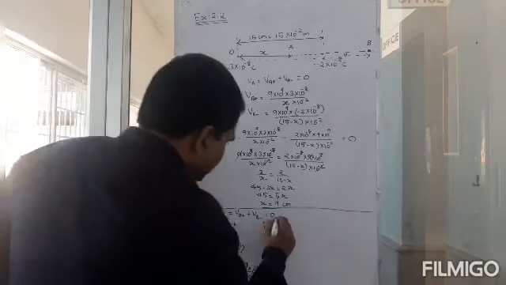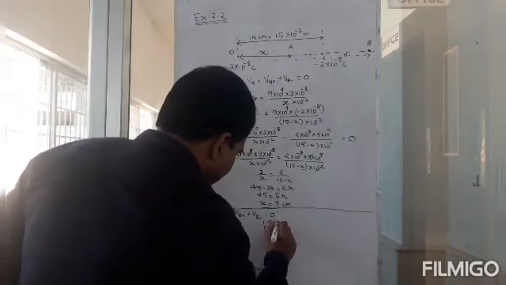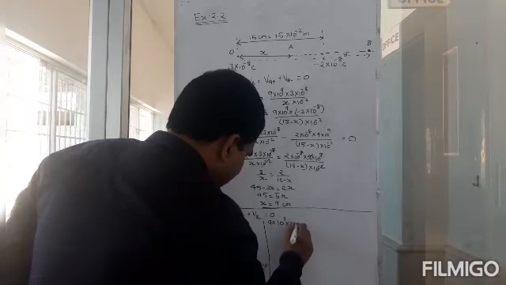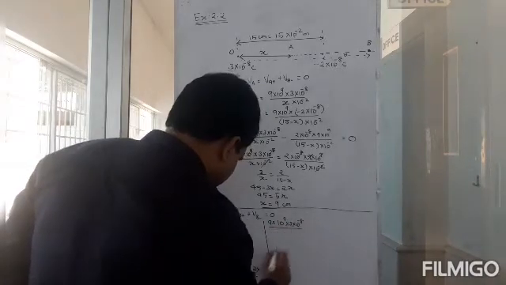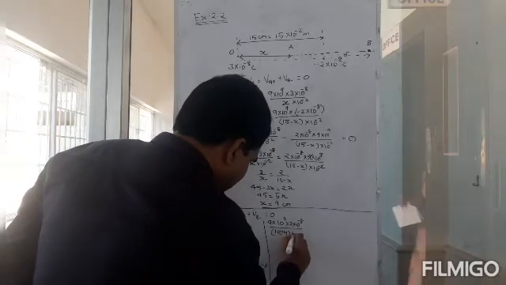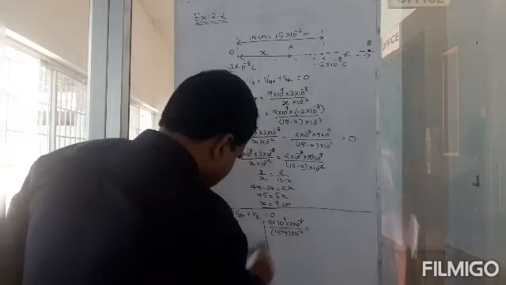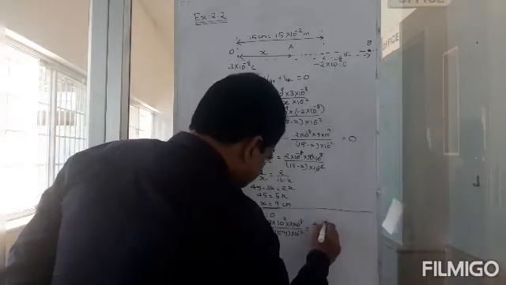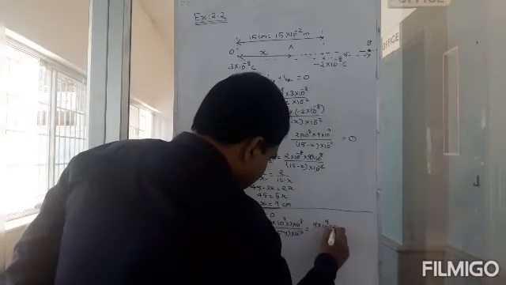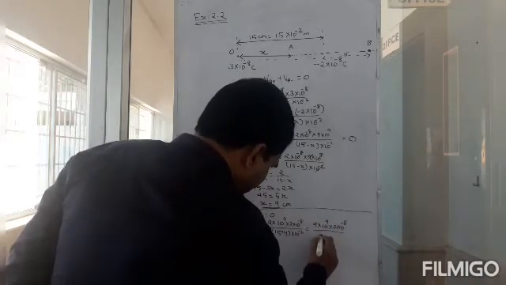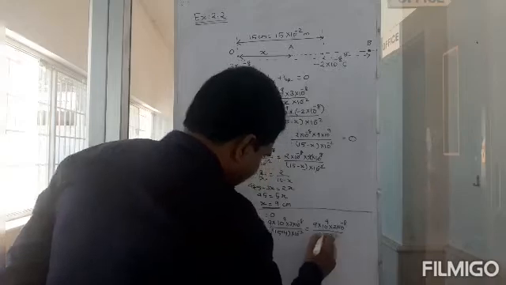So that gives you 9 into 10 power 9 into 3 into 10 power minus 8 divided by 15 plus y into 10 power minus 2 equaling 9 into 10 power 9 into 2 into 10 power minus 8 by y into 10 power minus 2.